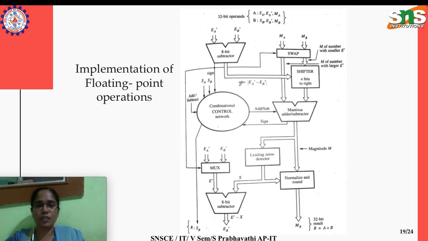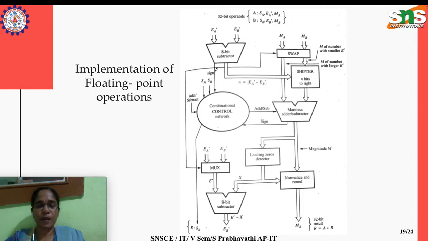Okay, so here n is equal to 2, so you need to shift by 2 bits, and the sign is minus. So what does minus mean? This sign will also play a huge role in deciding the resultant exponent. Minus in the sense that E'B is the bigger number.